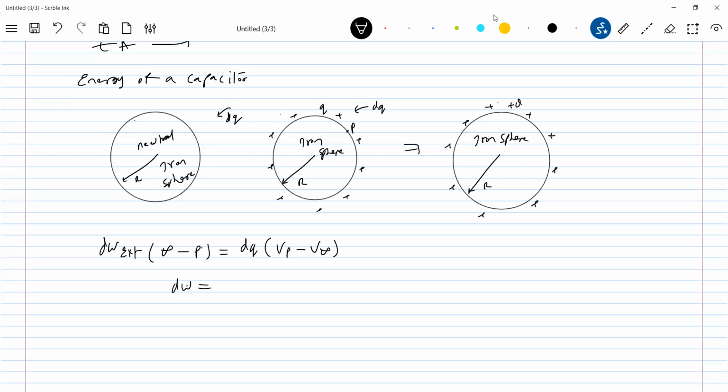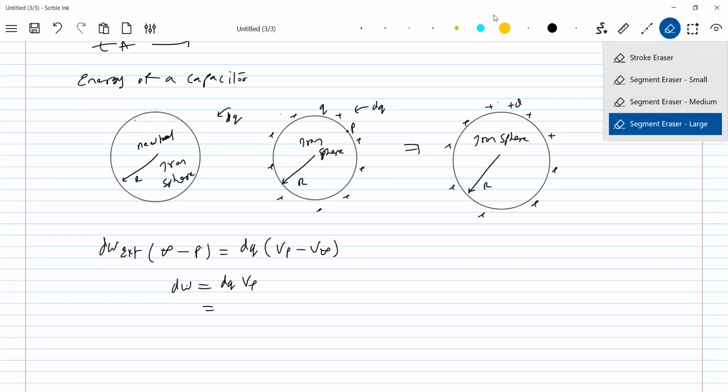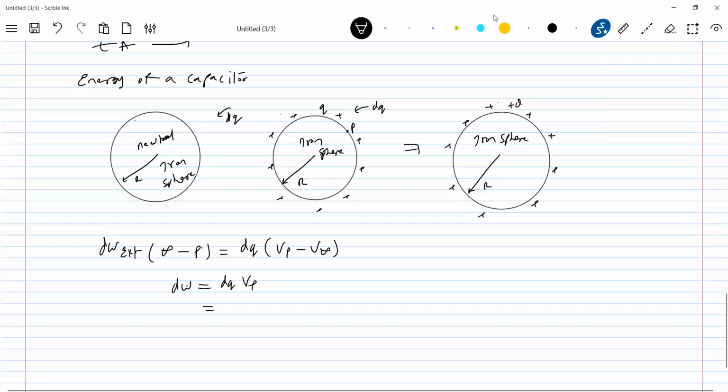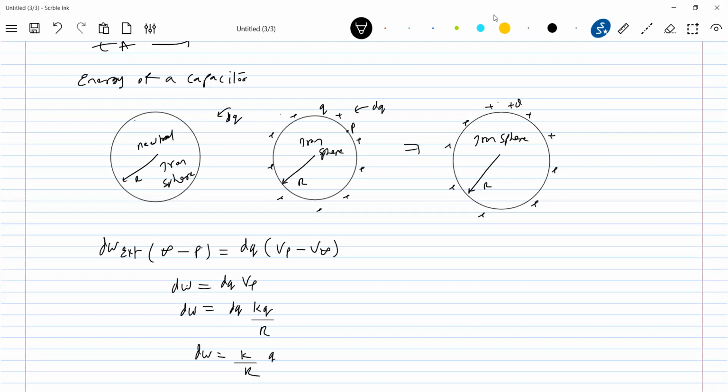This is equal to dq times the potential Vp, and this should be equal to dq times the potential on the surface of the conductor, kq by r. So dW equals kq dq by r.